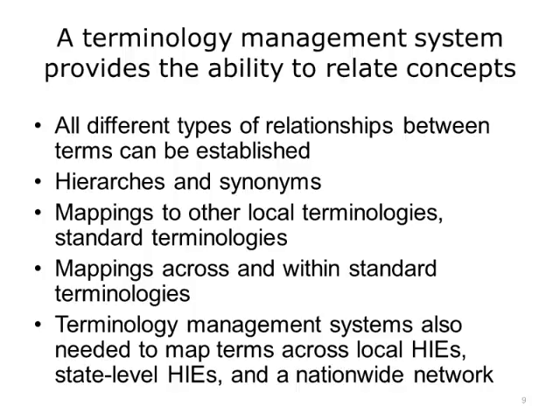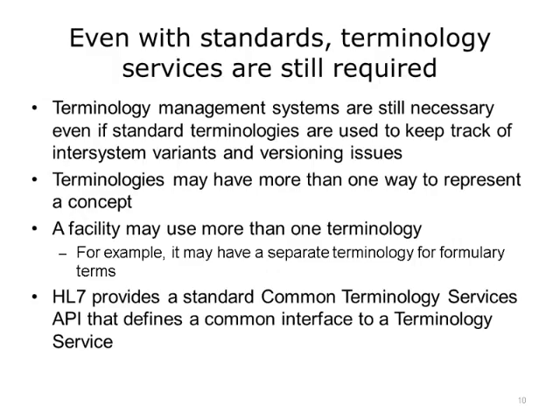Terminology management systems are also needed to map terms across the local health information exchanges, state-level HIEs, and a nationwide network. Even with standards, terminology management systems are still required even if standard terminology is used to keep track of variances between systems and version issues.